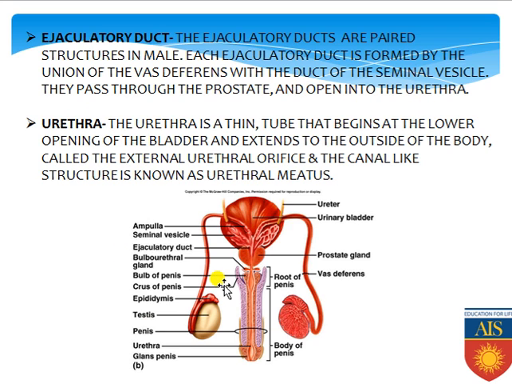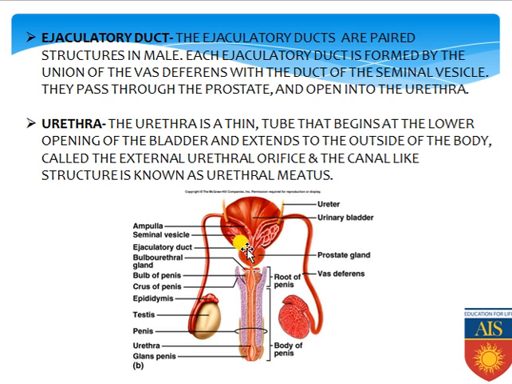I am trying to show you what the ejaculatory duct is. Suppose this is the entire structure of the urinary bladder. From the urinary bladder, one duct-like structure is coming out. The duct-like structure which comes out from the urinary bladder and joins with the urethra is commonly known as the ejaculatory duct. It is shown here also.